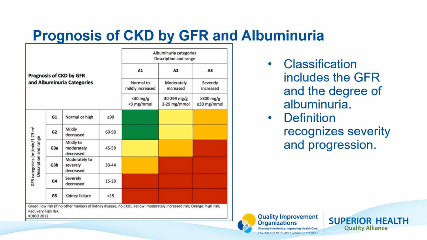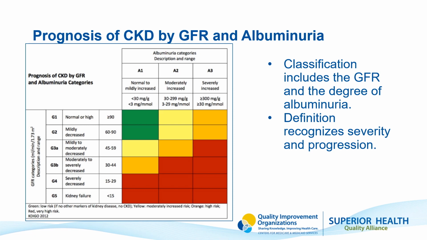Prognosis of CKD by GFR and albuminuria. Classification includes the GFR and the degree of albuminuria. The definition recognizes severity and progression. As your GFR declines and is paired with albuminuria or proteinuria, the worse the prognosis.